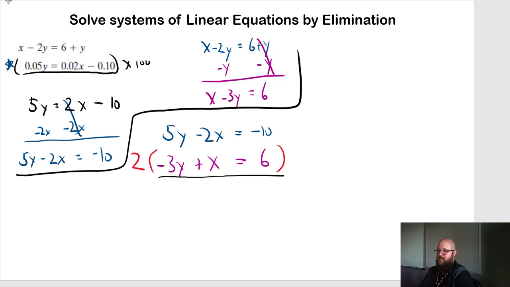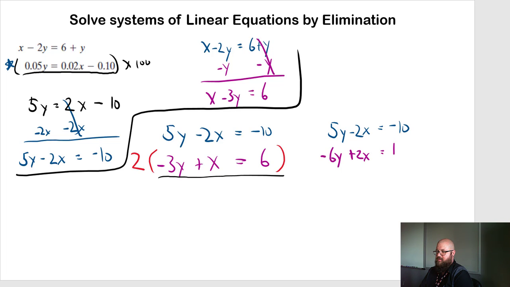So top, we'd still be left with 5y minus 2x equals negative 10. And on the bottom down there, 2 times negative 3y would give us negative 6y. 2 times positive x would give you plus 2x.